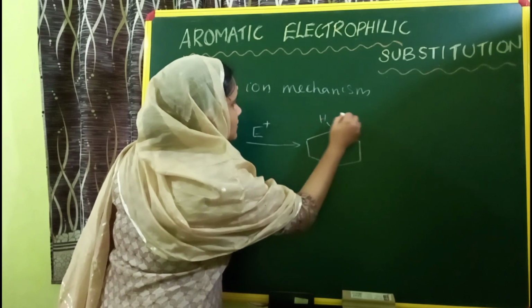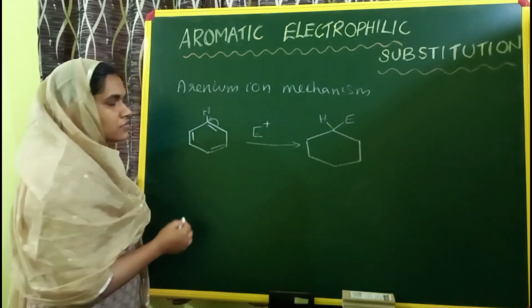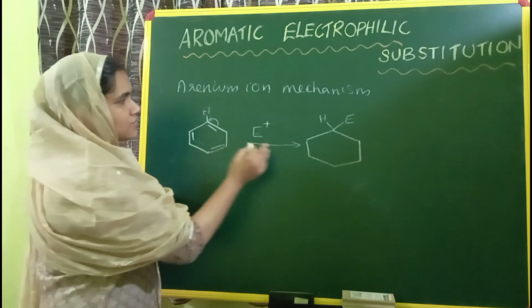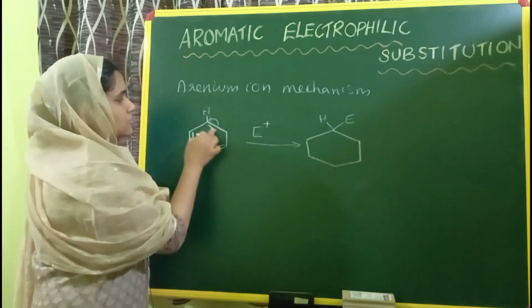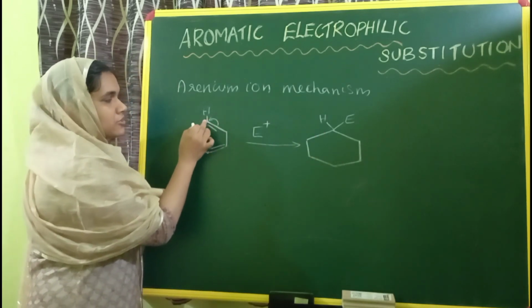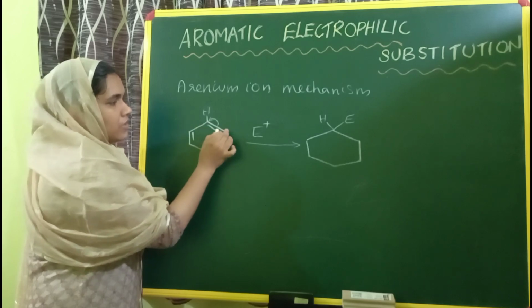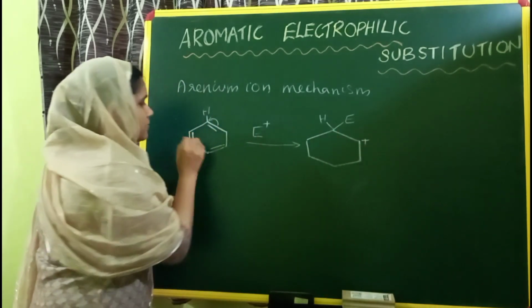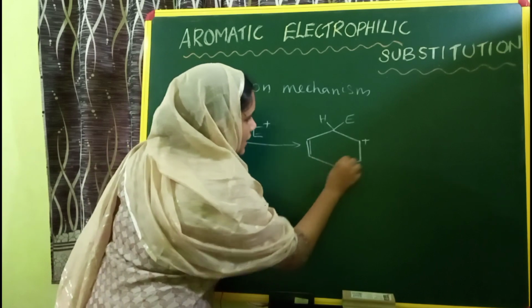Then we have H and E. Since this 2 electron is shifted over here, this carbon will have a positive charge, and the remaining 2 bonds remain as such.